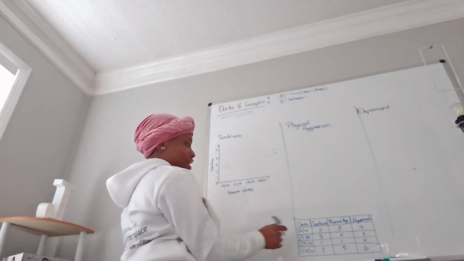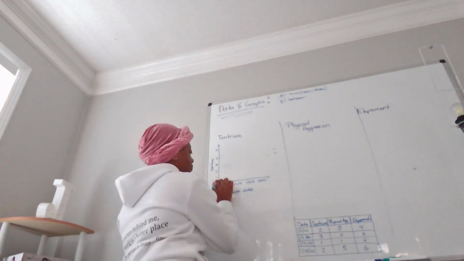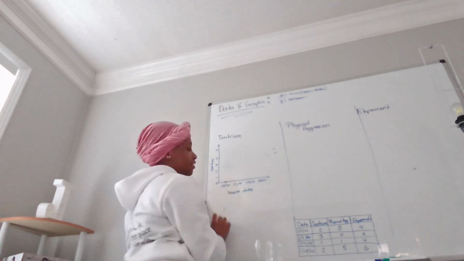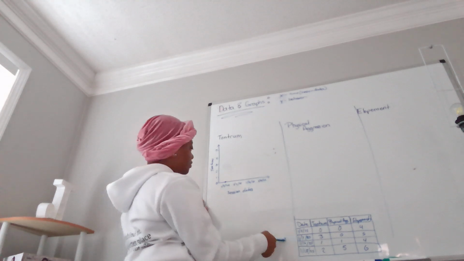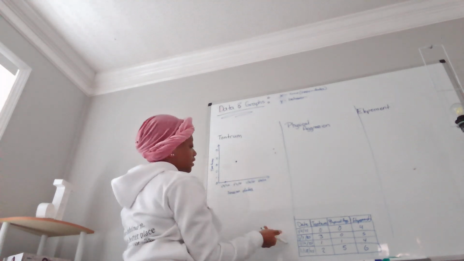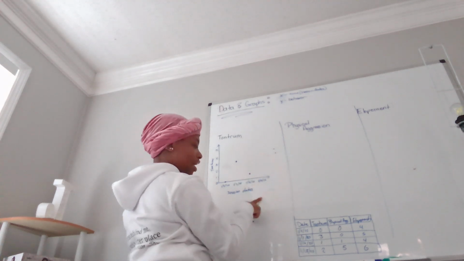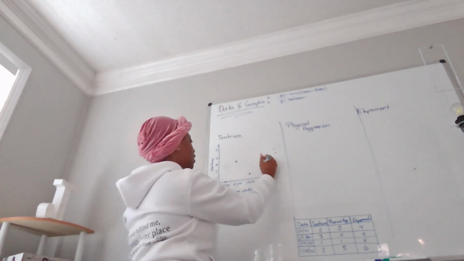So tantrums on the 5th occurred at 0, so we're going to do 0 down there. On the 7th, we have 3, so we're going to go up to 3. And then on the 16th, we have 1. And then the 18th, we have 2. That's given.